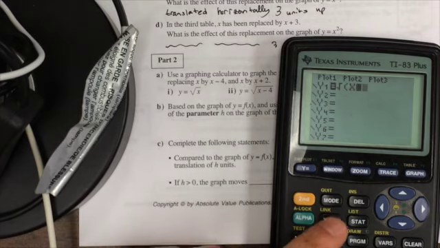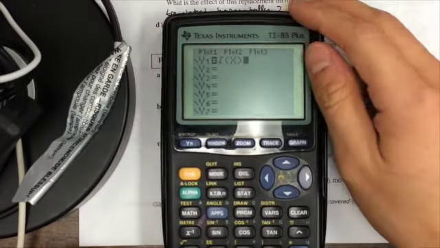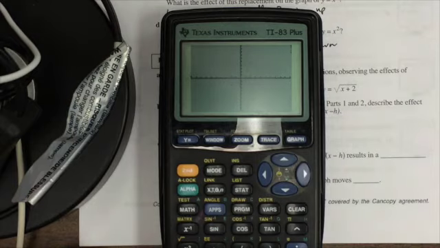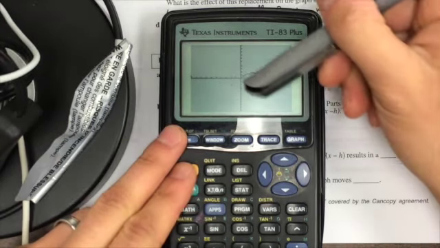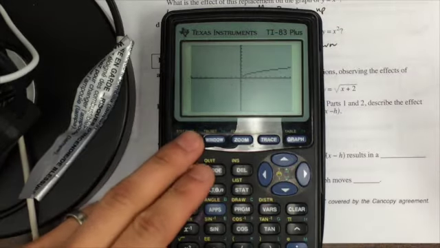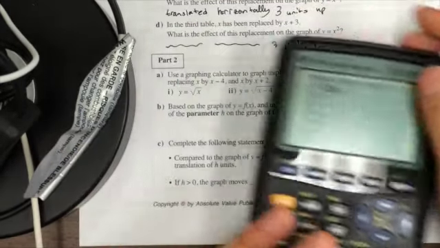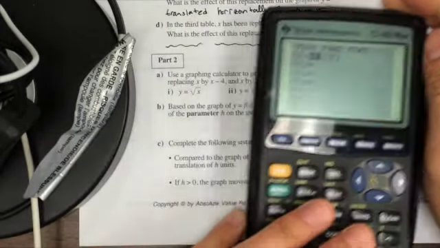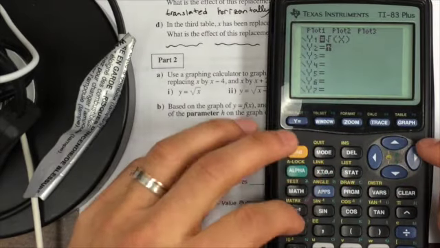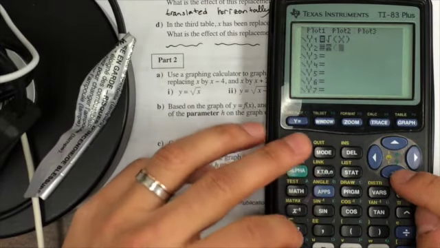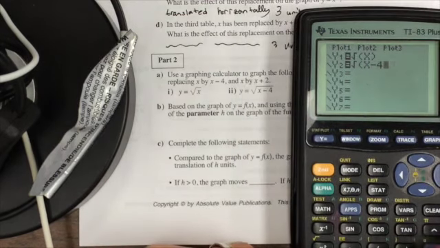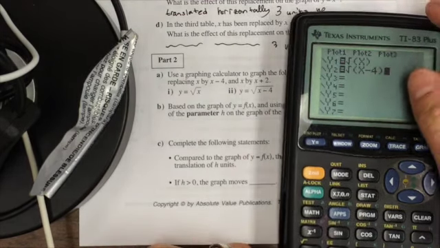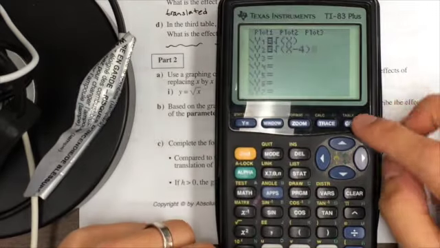So the graph of square root of x, we kind of know what this is going to look like. It's going to start at 0 and just expand this way. Now if I had a negative x, it's going to look like a sideways parabola, right? But that's not what we're really worried about right now. What we want to look at is just what happens when I translate each of these. So square root of x minus 4 and square root of x plus 2.